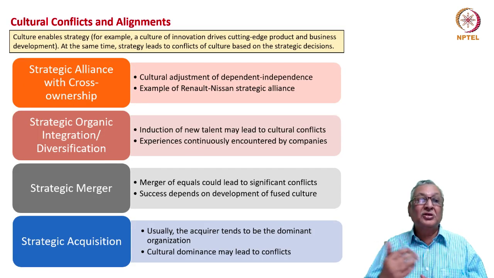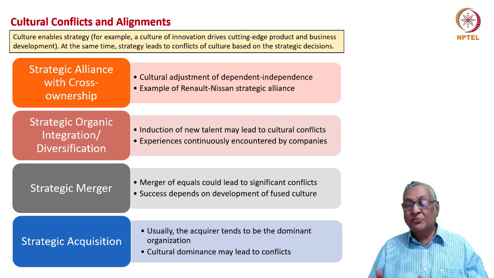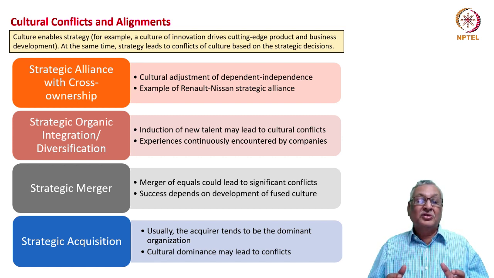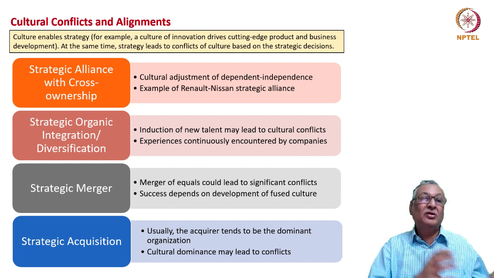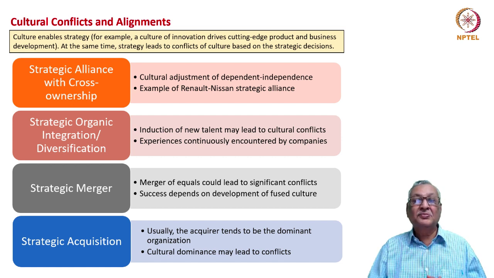There tend to be cultural conflicts and alignments too. As I said, culture enables strategy. For example, a culture of innovation drives cutting-edge product and business development. A culture of being risk-averse makes companies be safe in their product development and plumb for an incremental improvement route. So culture is a great determinant of strategy.